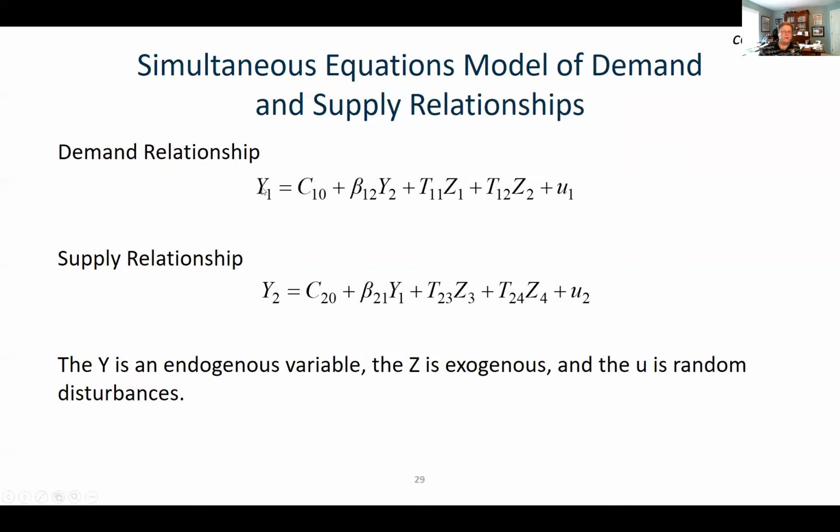But nevertheless, everything that applies with simultaneous equation models holds true. So you see, this is a lower triangular matrix, which means the system constitutes not only a simultaneous system, but a subset of that, a recursive system. And if it happens to be the case that beta 1,2 and beta 2,1 are both 0, then we have a seemingly unrelated regression model.